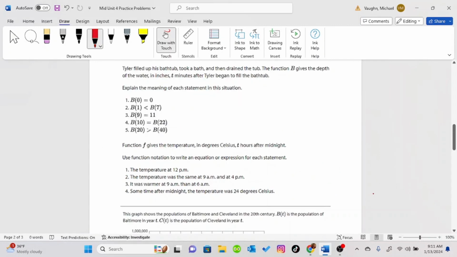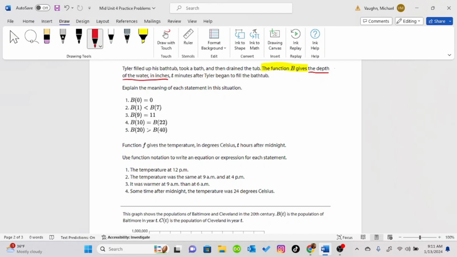Tyler filled up his bathtub, took a bath, and then drained the tub. The function B gives, remember that's our key word to look for, the very next thing will be the output, and that is the depth of the water in inches.